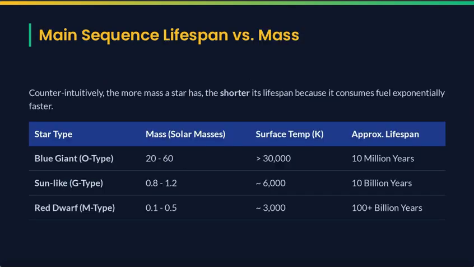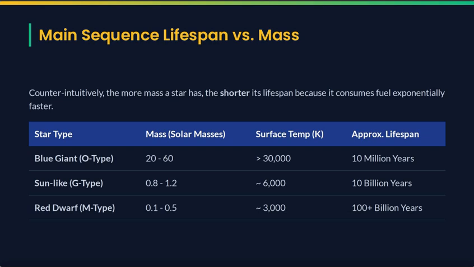So we can talk about the lifespan versus mass of a star. Counterintuitively, the more mass the star has, the shorter its lifespan actually is, because it consumes fuel at an exponentially faster rate. Looking at a blue giant, which is the O-type, the solar mass is around 20 to 60, the surface temperature is 30,000 Kelvin or more, and the lifespan is approximately 10 million years.